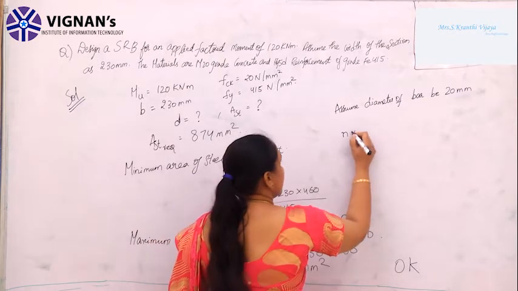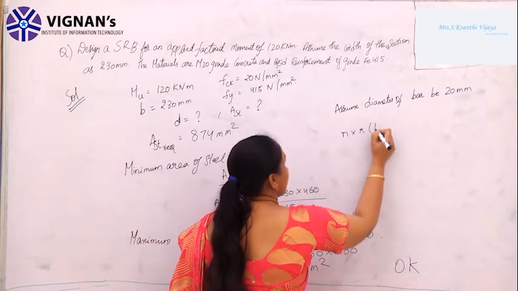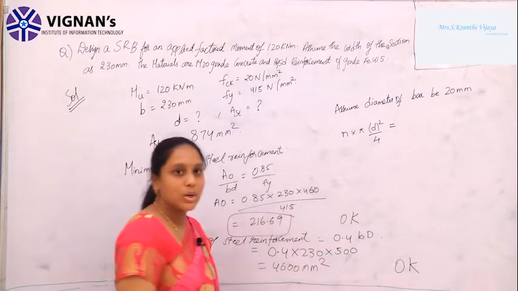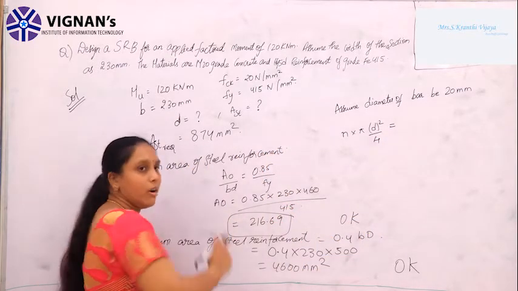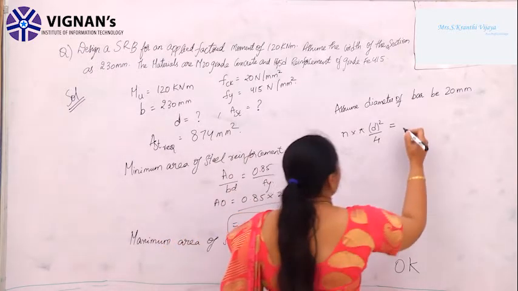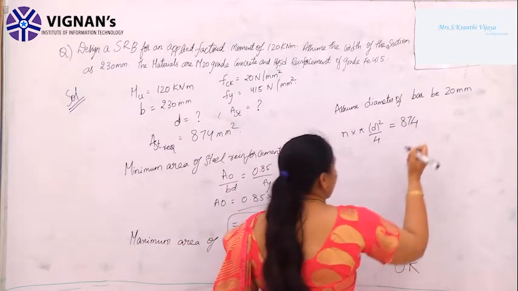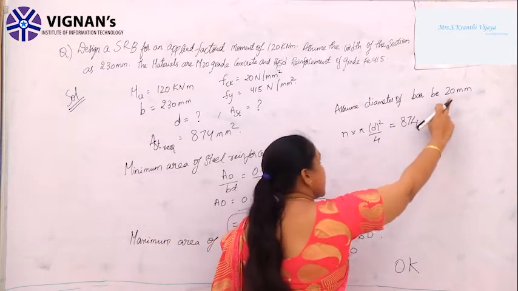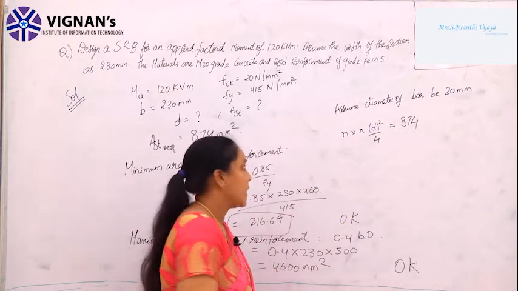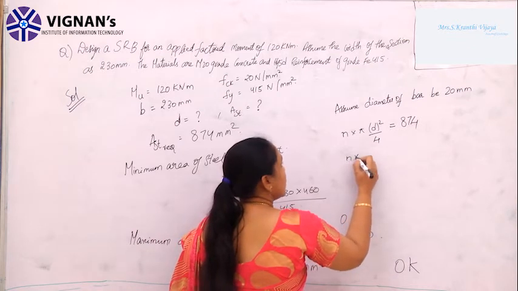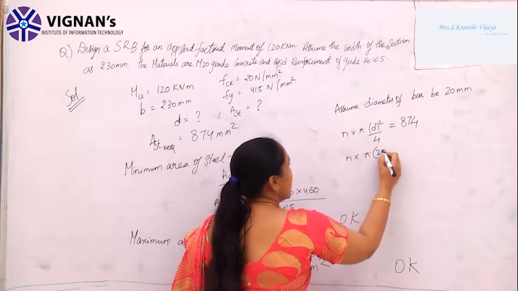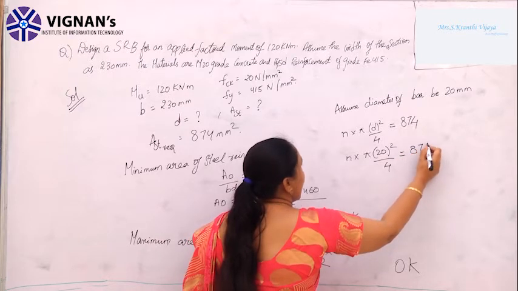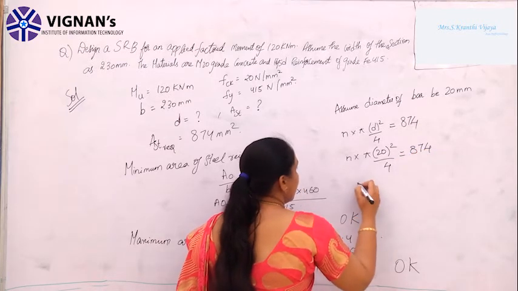So n into pi d square by 4 is equal to the area of steel, which is 874 mm square. Here I have assumed the dia of the bar as 20 mm. So n into pi into 20 whole square divided by 4 is equal to 874.